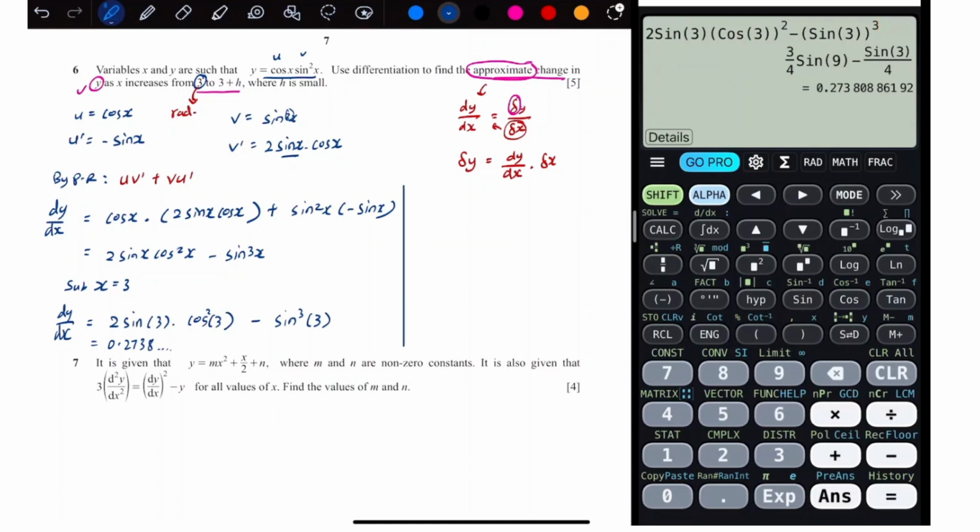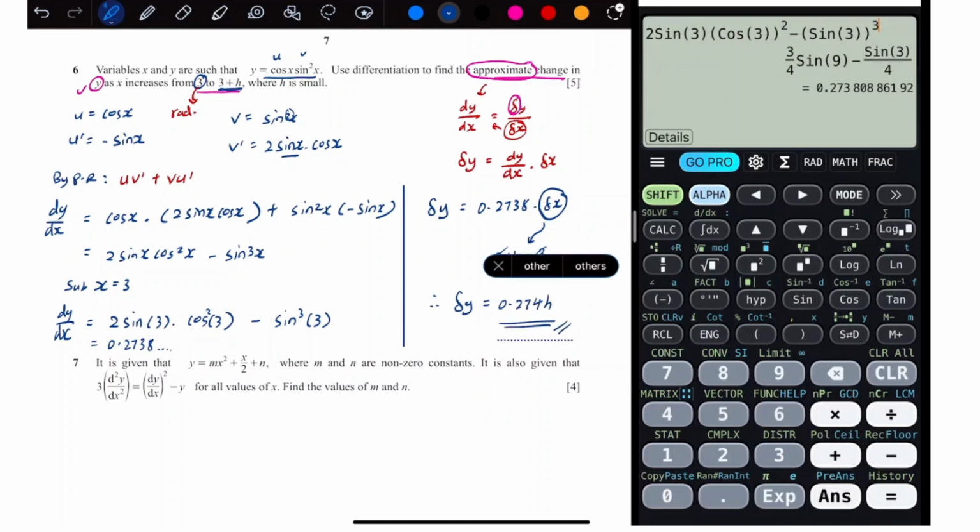Pull it down, create a partition. Now, sigma y is equal to 0.2738. So how about sigma x? Sigma x can be found by using the final value of x, which is 3 plus h, deducting the initial value of x. So that's going to give us h. So therefore, sigma y is equal to 0.274h. I represent my answer in 3 significant figures.